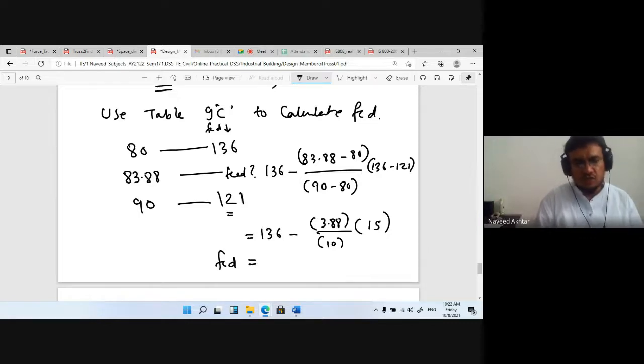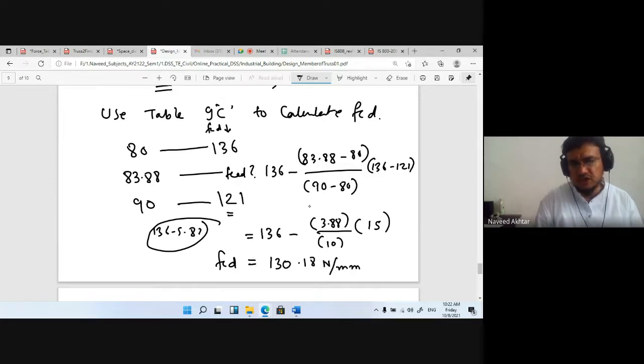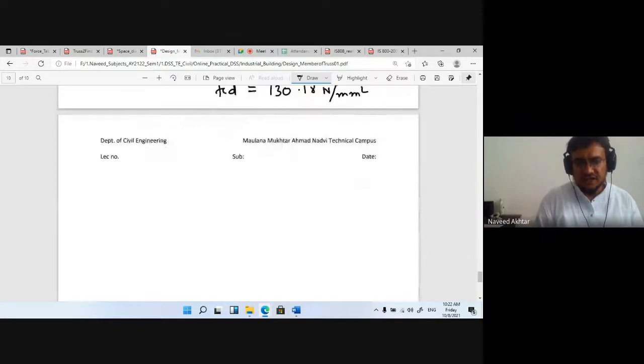So this is 136 minus 5.82. This will give 130.18 Newton per mm square. This is FCD. And design compression strength PD is equal to AG into FCD.